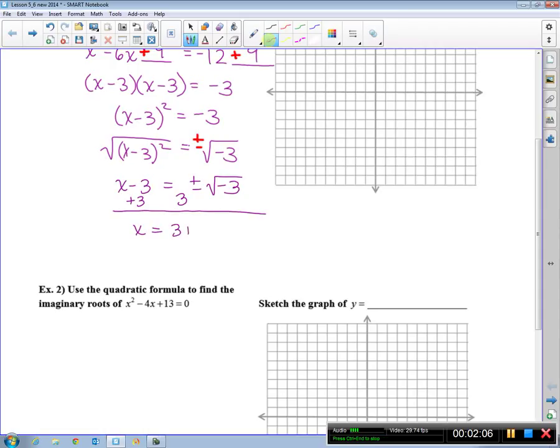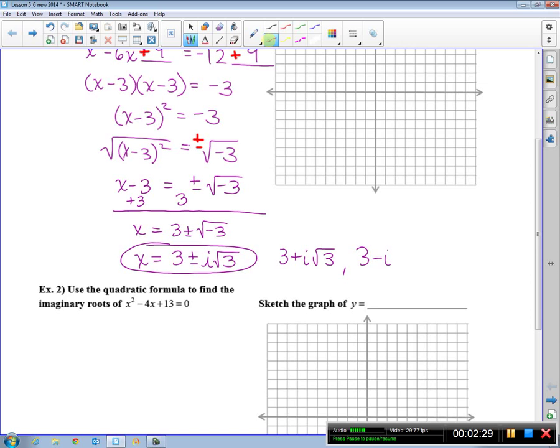X equals 3 plus and minus the square root of negative 3. Now there's that negative under my radical. I'm going to bring out an i, which means 3 plus and minus i square root of 3. So our two roots are 3 plus i radical 3 and 3 minus i radical 3.